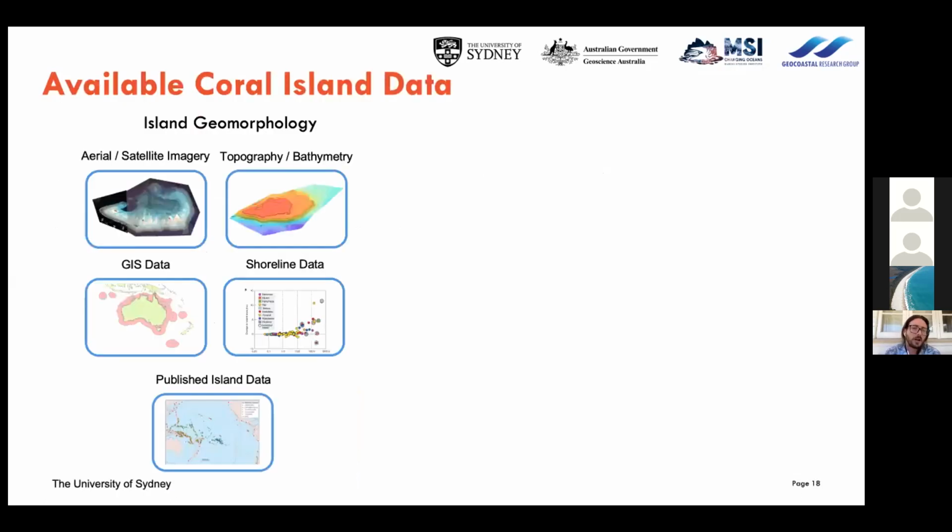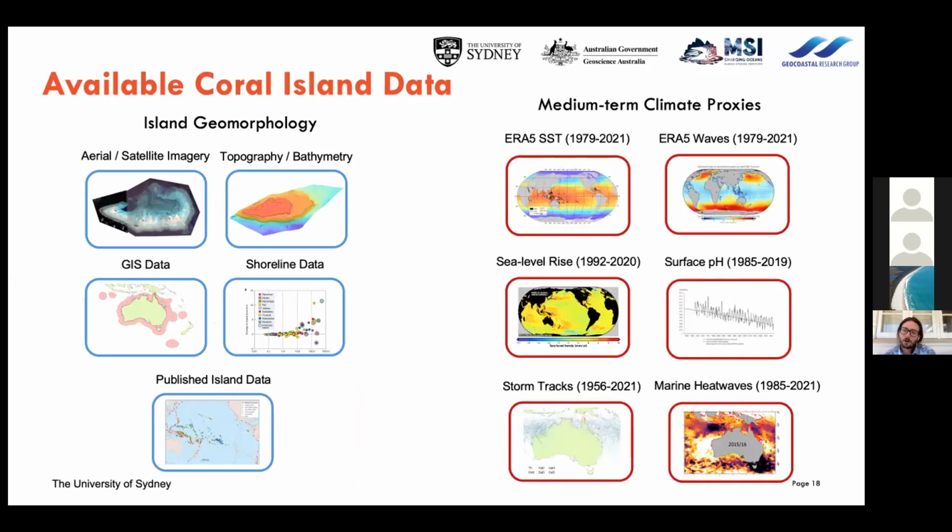So the data that we're working with is a bunch of aerial imagery, topography and bathymetry, and other GIS data sets. So we can look at the islands and quantify various things on them, like the shape, the location, the vegetation, etc. But then we also have climate proxies that we can pull out from various locations.